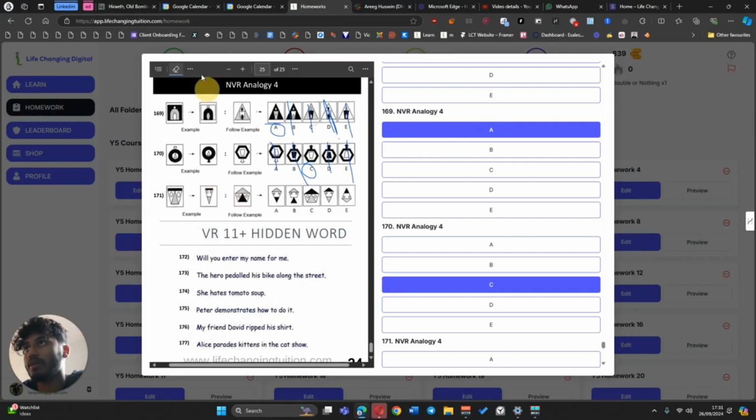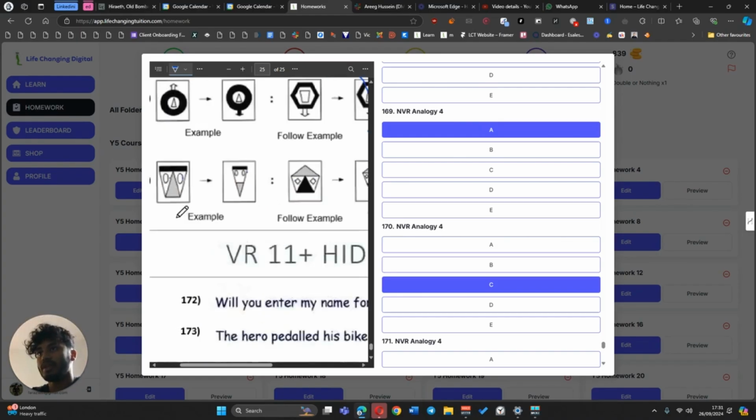So let's go back. It does keep the two circles, right? But everything gets smaller. I'm trying to think what the change actually is from left to right.